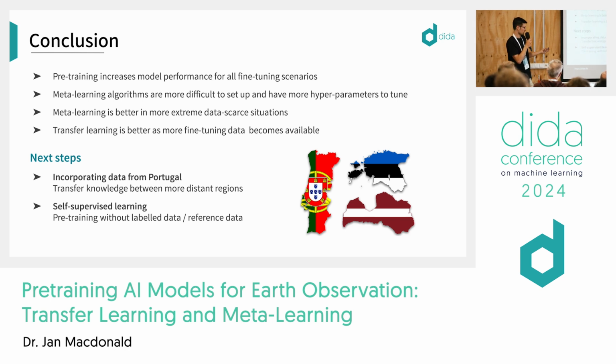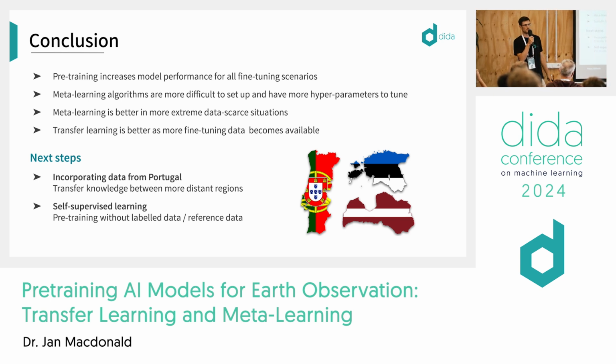And this will, of course, immensely help us to open up this large volume of remote sensing data that is available. And then only the labeled data and reference data would be needed for the specific fine-tuning task that you want to look into. So yeah, we have that on the horizon to look into.